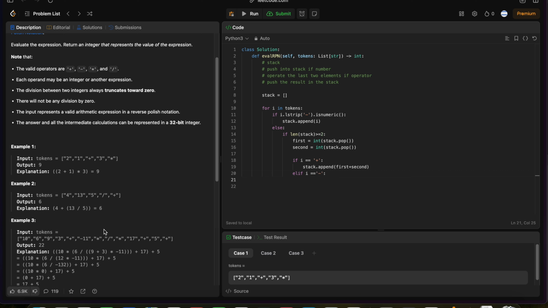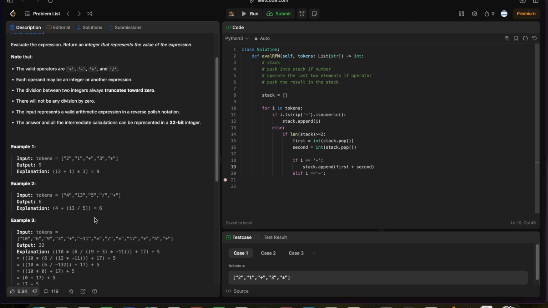So let's see, while adding and multiplying, the first and the second operand do not have to be in a fixed order, but in subtracting and dividing, the order matters. In this case, while we're dividing, this is the first value and this is the second value, so it will be second by first.